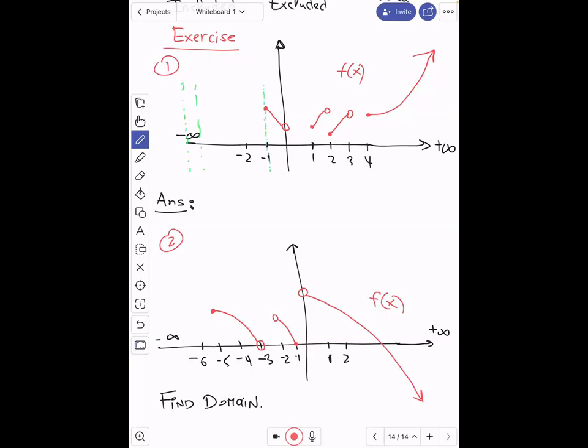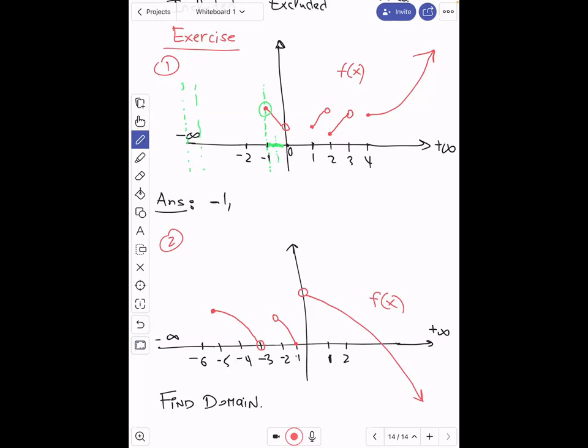So I'm going to start my domain at -1, comma, and then between -1 and 0, this is supposed to be 0 right here.